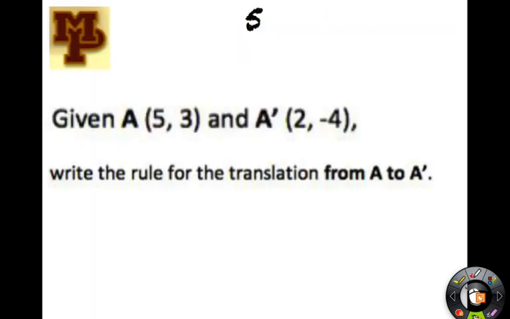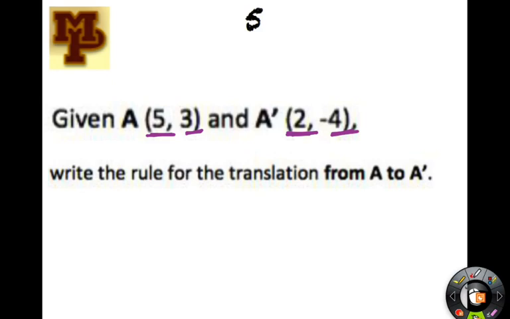Alright, let me see if I can get to number 5. Write a rule. Now for this one, you can tell that the x-coordinate is going from 5 to 2, and you're thinking, oh, that looks like we're subtracting 3 from it, which it is. And then the y-coordinate looks like it goes from 3 to -4. So we just want to be able to state how to write that rule.